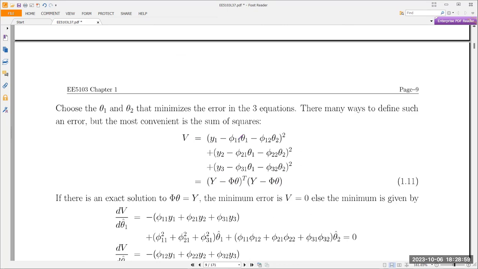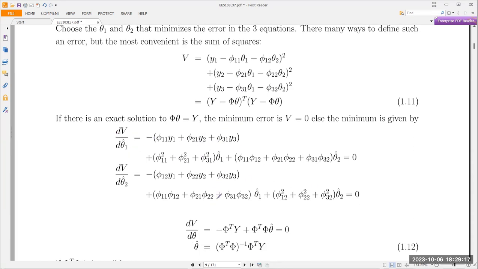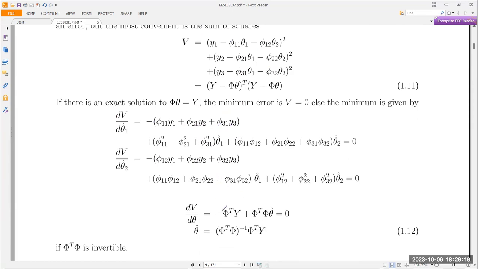No point going through the detail; you can go back and multiply, using secondary school matrix multiplication. Then again, this is secondary school differentiation, dV/d theta 1. You take this, you get this. It looks so complicated, but if you substitute y, phi, theta inside here, you will get back here.